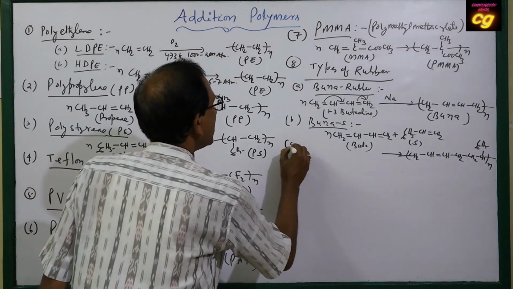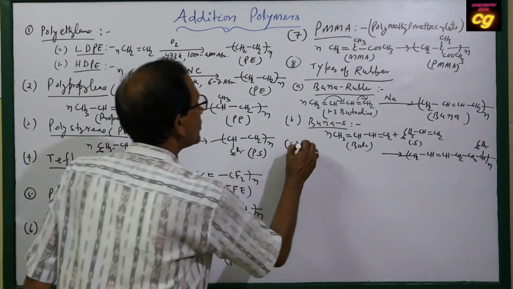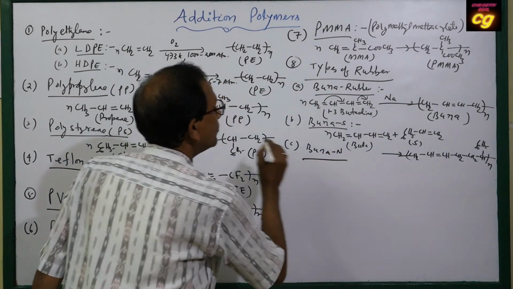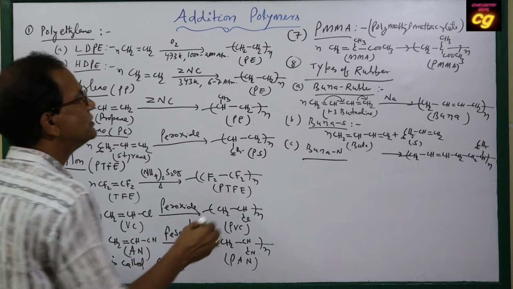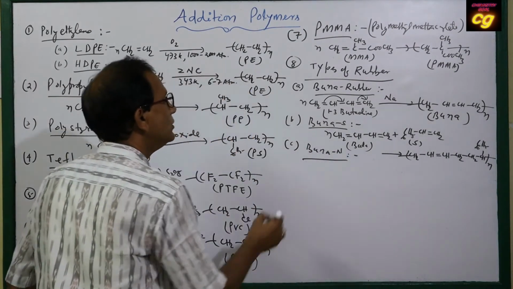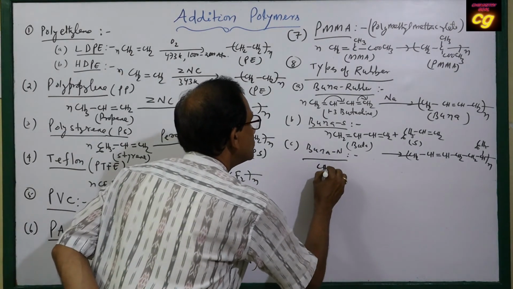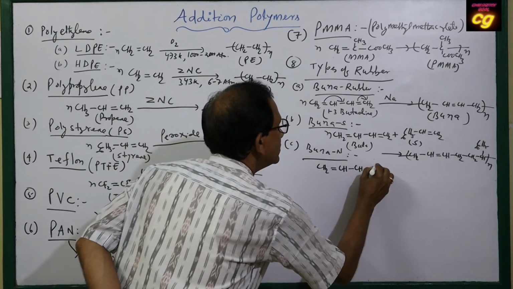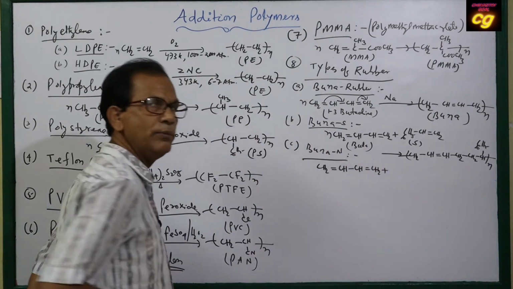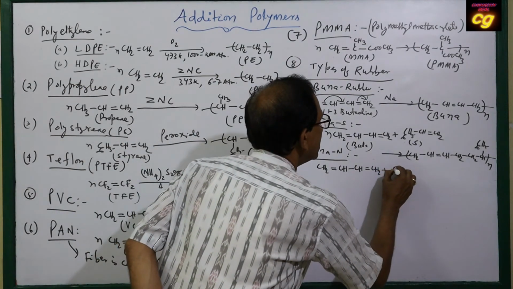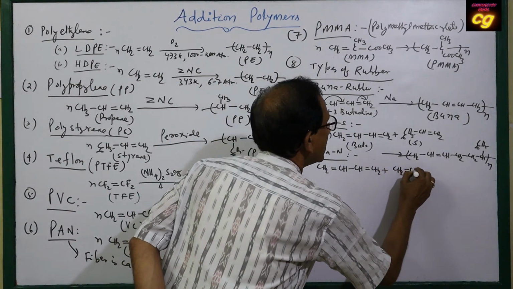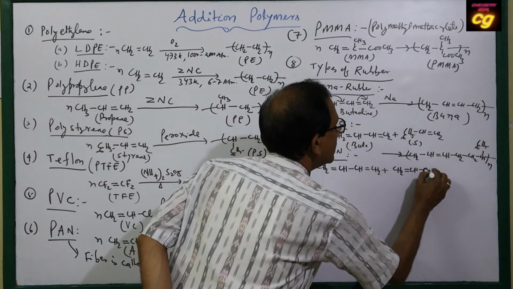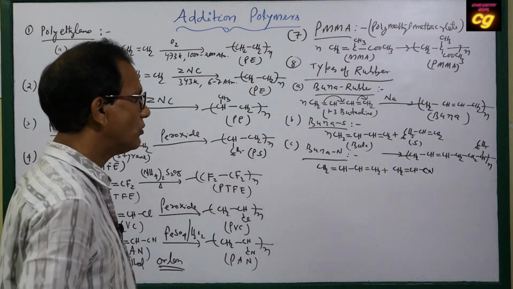Then Buna N rubber. This is the same thing, only you have to use CH2 double bond CH, single bond CH, double bond CH2. N means acrylonitrile will be added, CN, acrylonitrile.